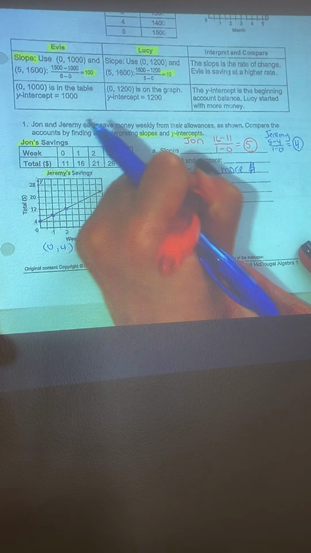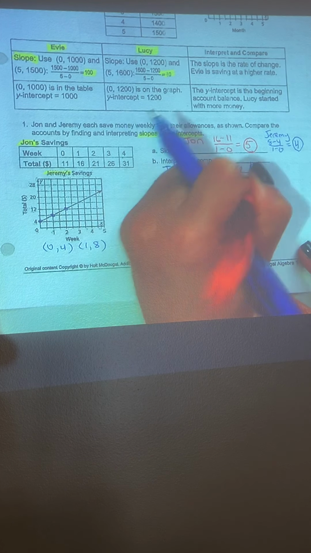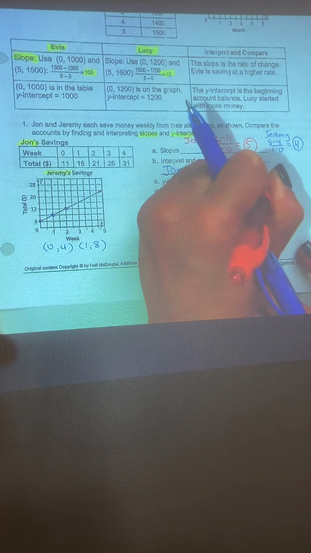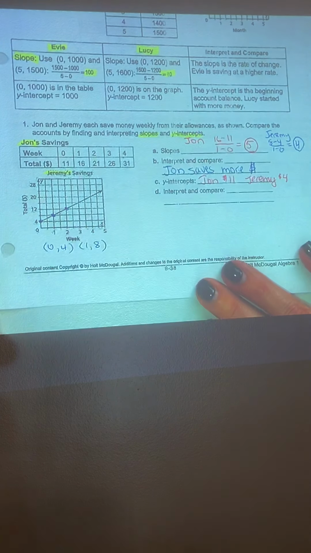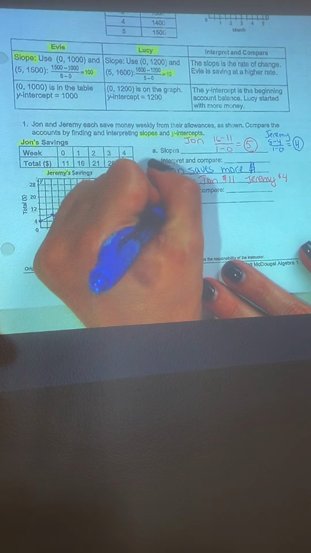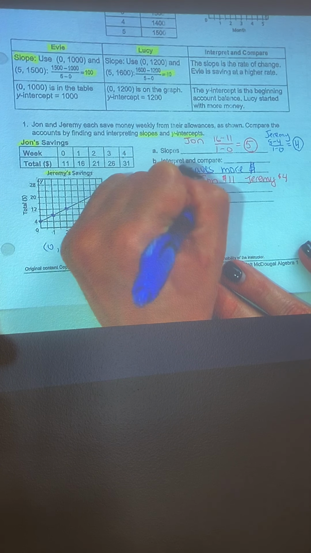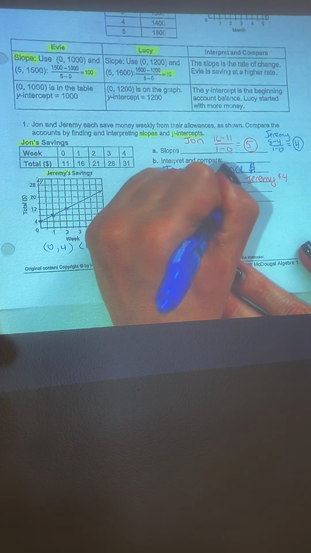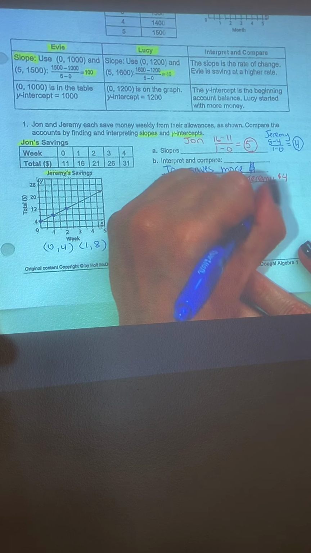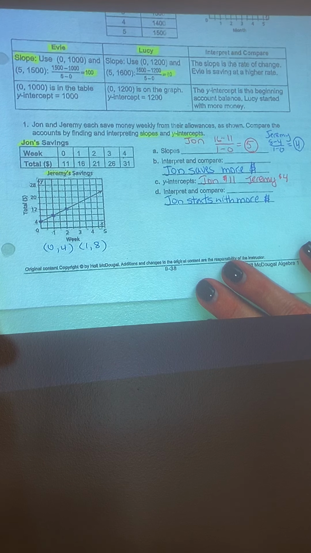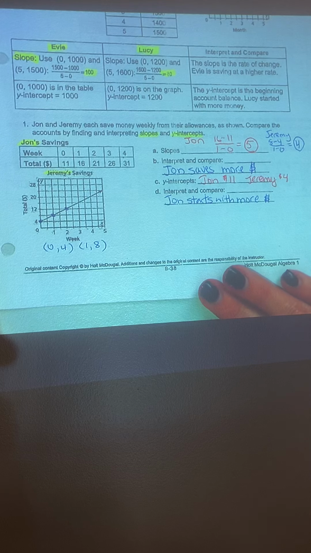So, John is 11. Jeremy is 4. So who's starting with more money? Clearly, John is.